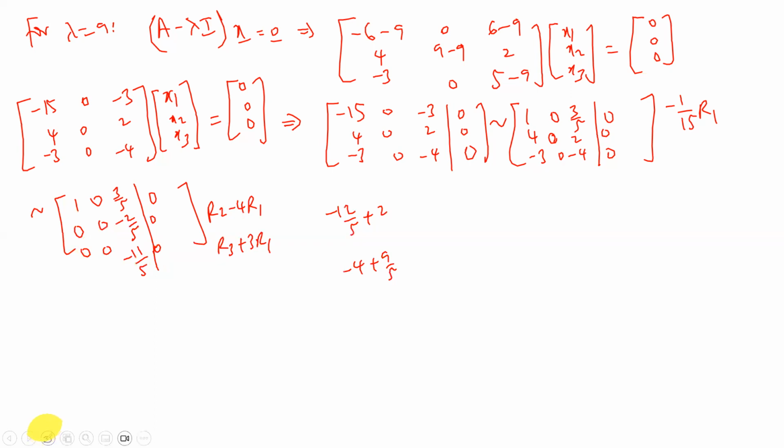Right, continuing with this row reduction, it's just basic first year matrix theory. So we continue and we get the answer to this. Right, so what we're getting therefore is that we have the following. We continue.